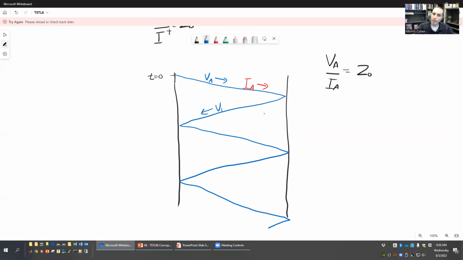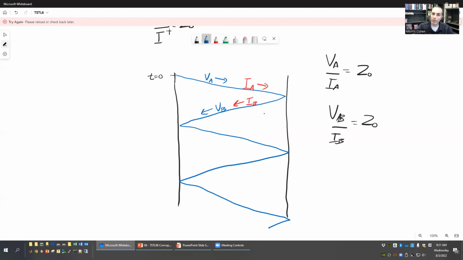Let's call VB that reflected wave. And I'm going to say IB is the current of that wave that's going in the other direction. The same relationship still holds as before, that VB divided by IB equals Z0.